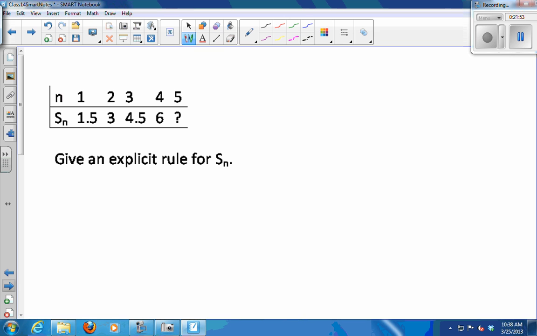All right, so now an explicit rule for S sub n. So that's how you were looking at the pattern before. So we were saying S sub n equals, and this time I'm not allowed to use the term before it, so I can't use S sub n minus 1 in this rule, because this is explicit. The only thing I'm allowed to use is n.